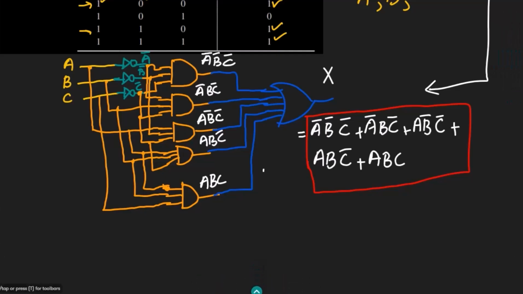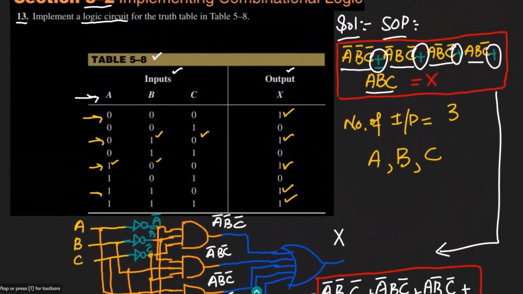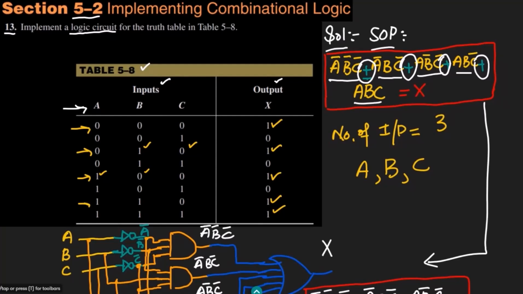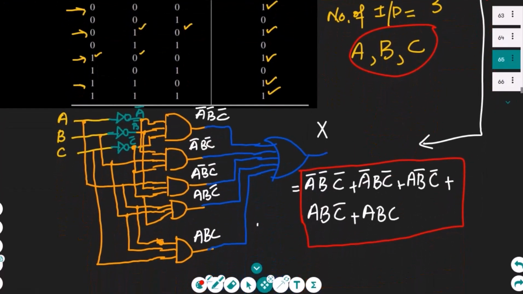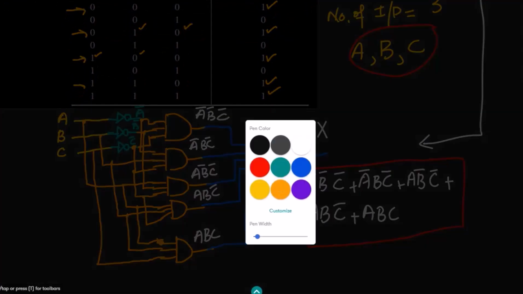So that's it for today, in which we have seen the solution for question number 13, in which first of all the truth table is converted to the SOP form, which is mentioned here. So this is the SOP form, the table is first converted here, and then after finding the domain of it, all of it is converted into the circuit which can be seen here in this form.